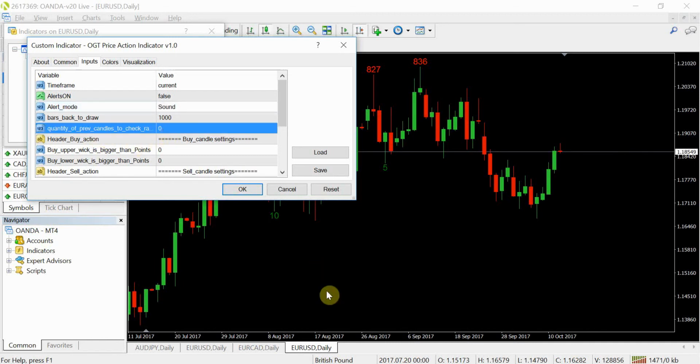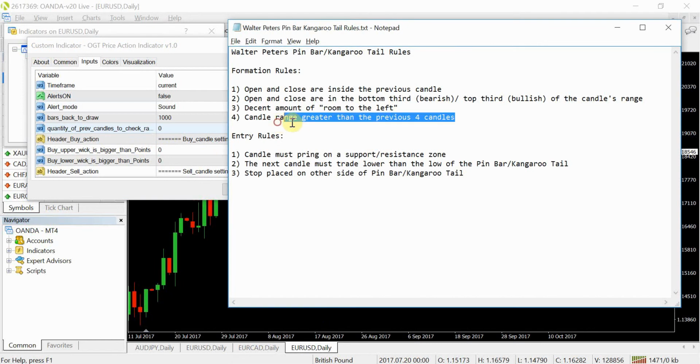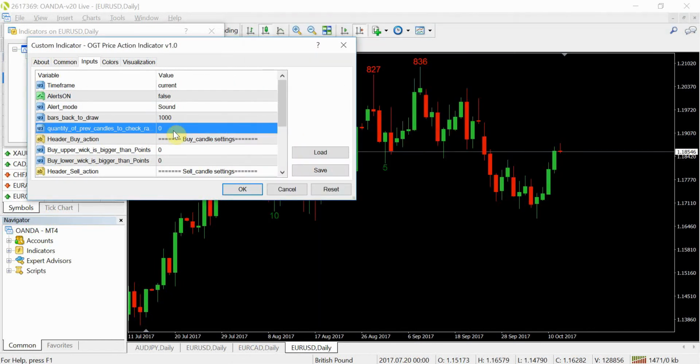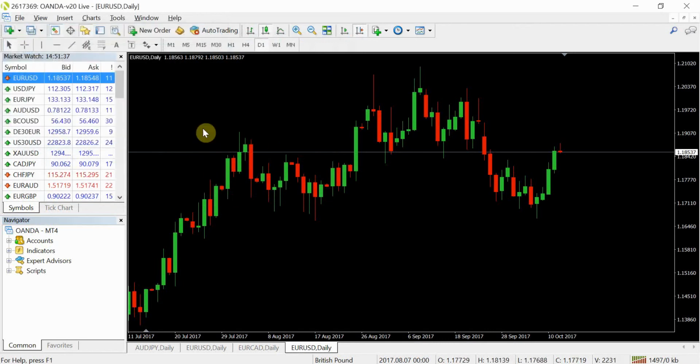Quantity of previous candles to check. So this is the candle range greater than. As you can see, I've set it to 0. If I set it to 4, you can see that they all disappear because the range of the candle is not greater than the bar.